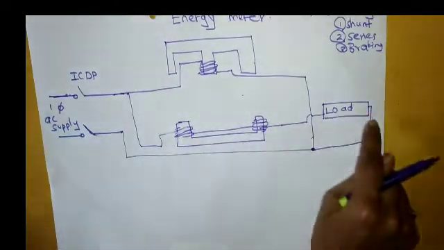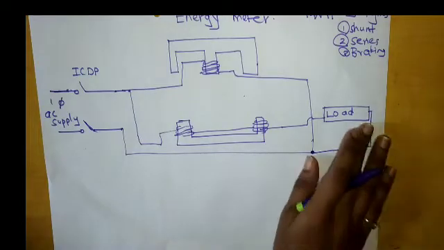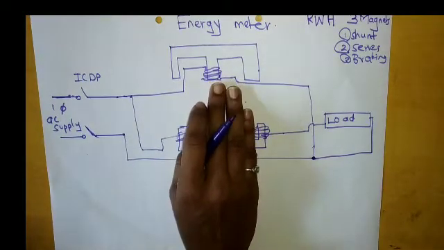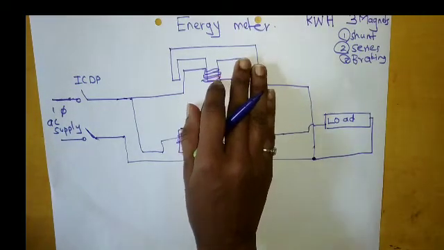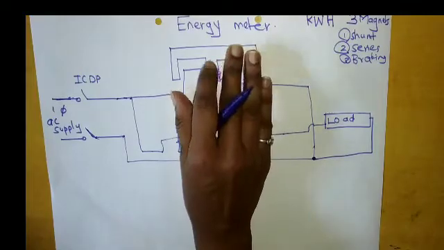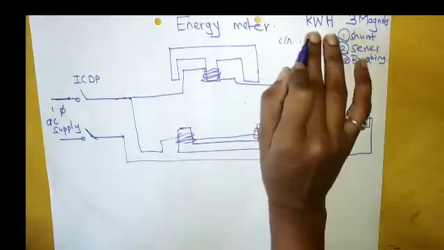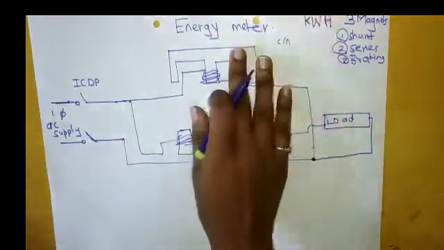You can see the load is connected to this series magnet. The shunt magnet is highly inductive, so the current lags the voltage by 90 degrees.